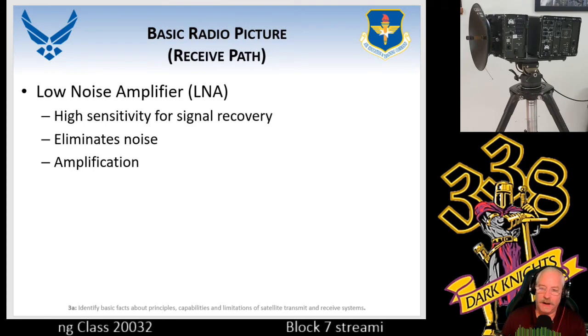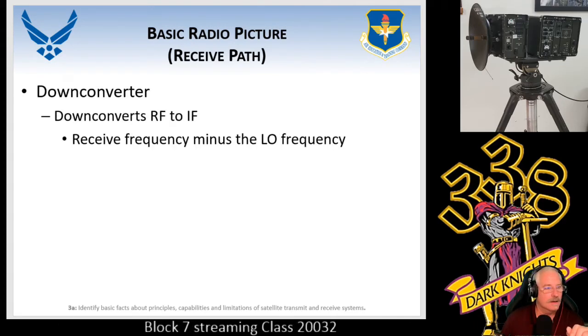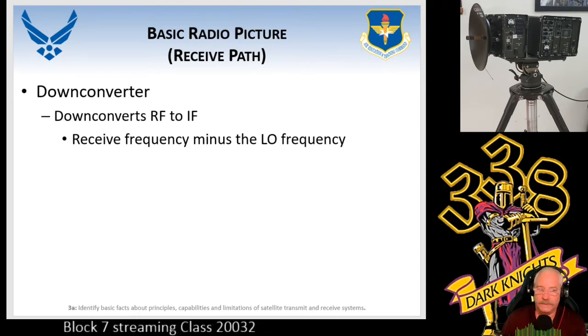Now, the idea behind this is we're going to amplify it at the same time we're trying to eliminate some of the noise and everything else, so we can pull that signal out for the demodulation process later on down the circuitry. We're now going to hit the down converter, so we're going to take that RF we just amplified and convert it from RF to IF.